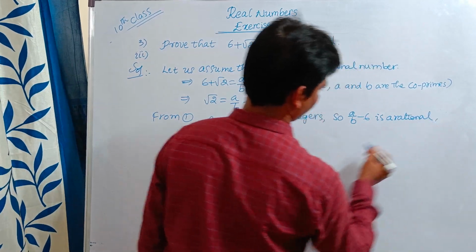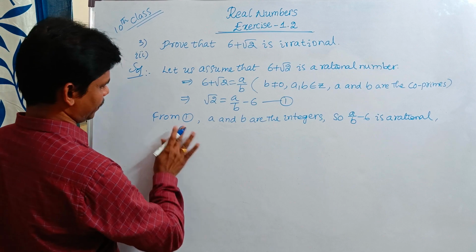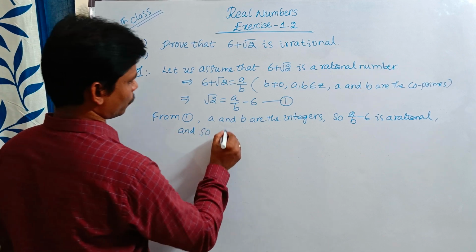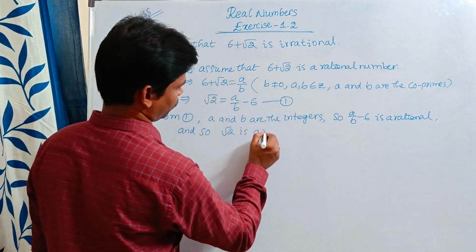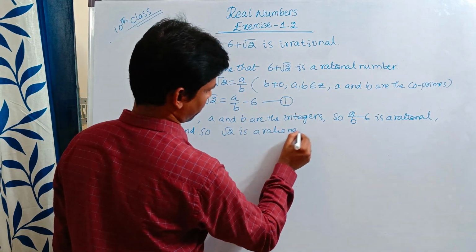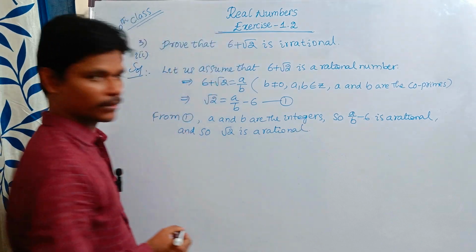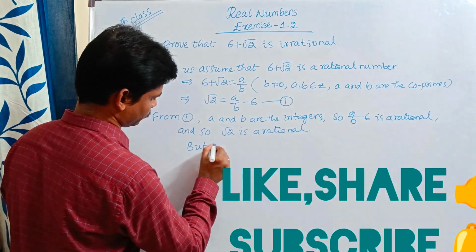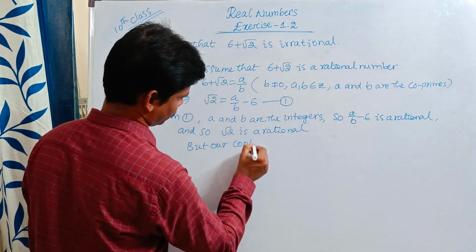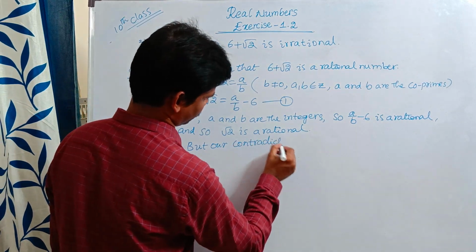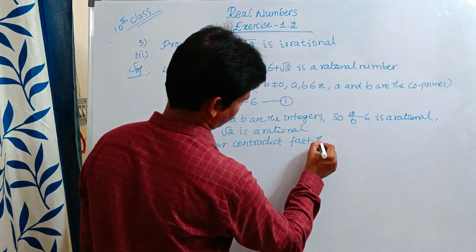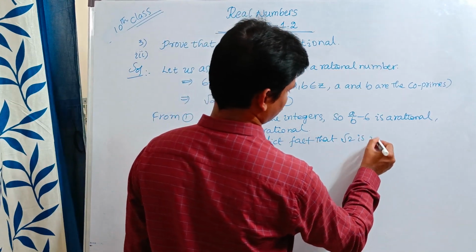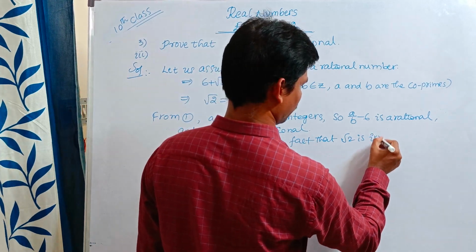And so root 2 is a rational. But our contradiction fact, root 2 is irrational.